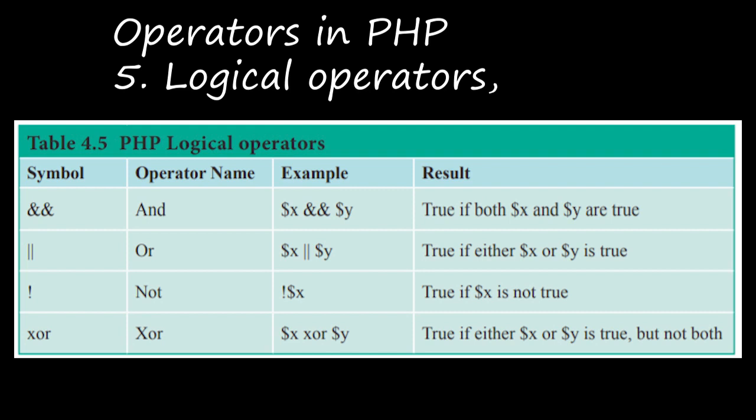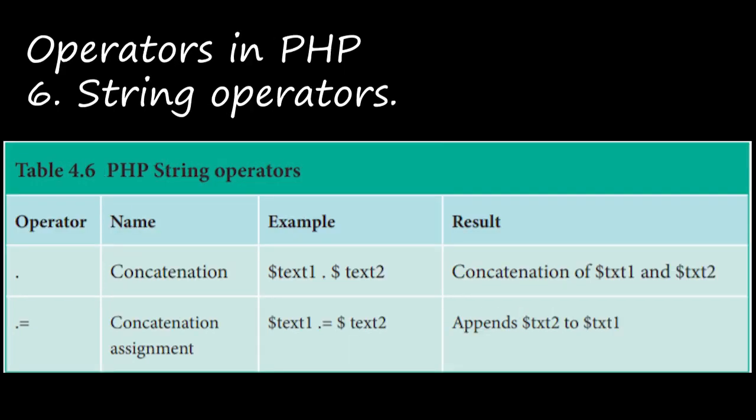The last operator is the string operator. In strings we have two: concatenation and concatenation assignment. Concatenation is used to merge two strings, and we use the dot operator. If you have computer and application and want to merge the two texts, you can write computer dot application, and the result will be the concatenation of computer and application.